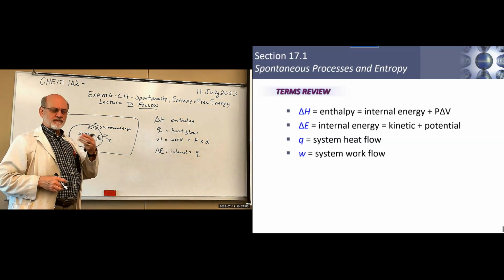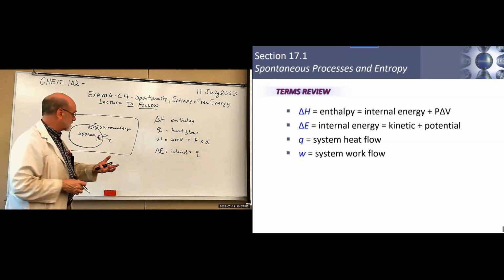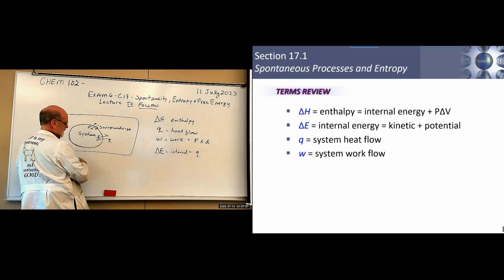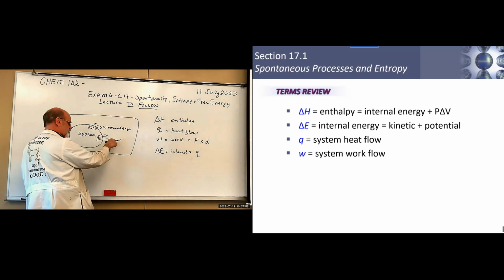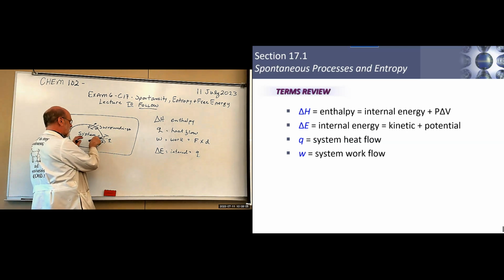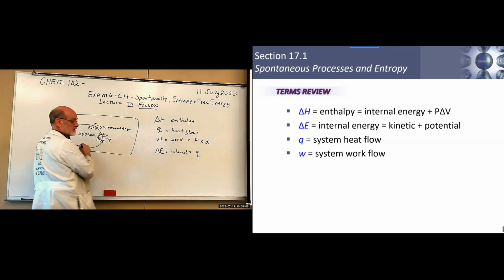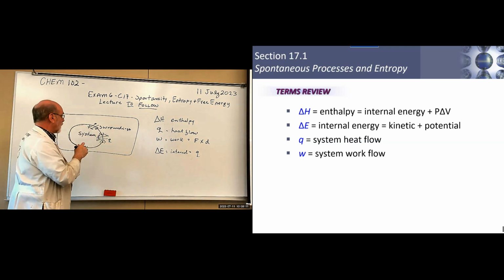So if we need to put a positive or negative sign on the quantities that are expressed, it's in reference to the system. So if the heat transfers from the surroundings to the system, it's a positive value. If the system transfers heat to the surroundings, then it's a negative value. And the same thing for work, right?